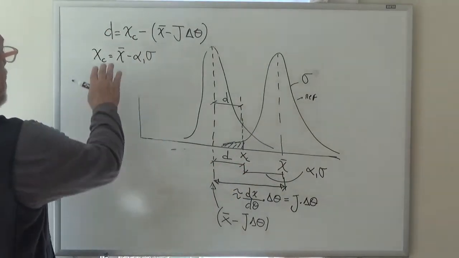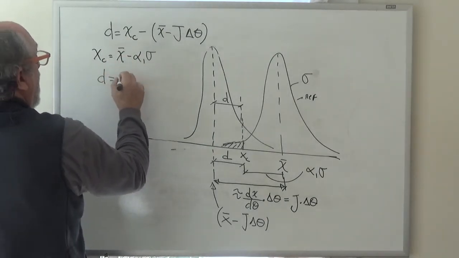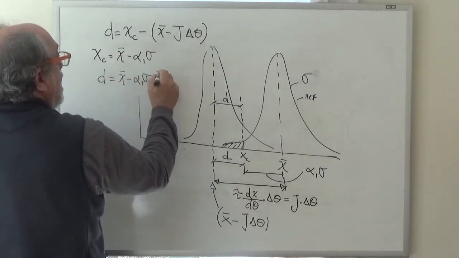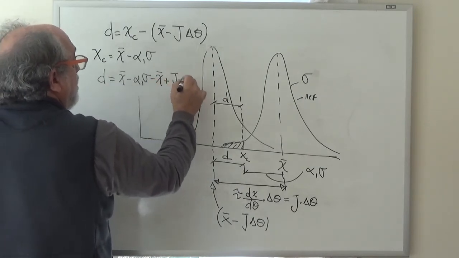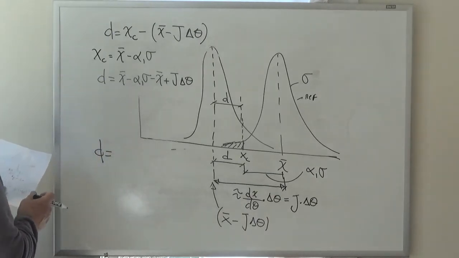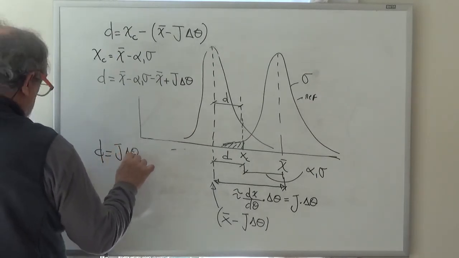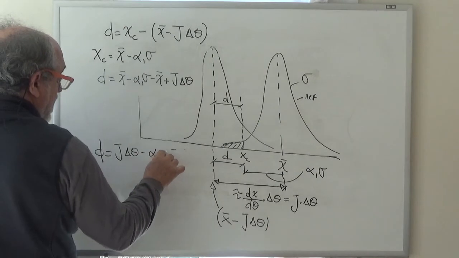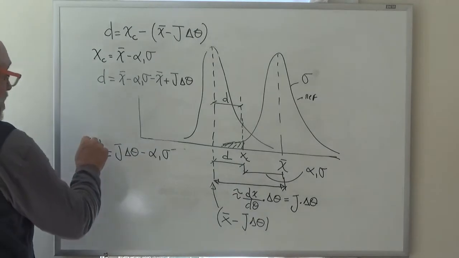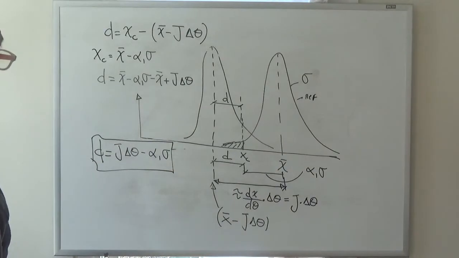Then we substitute this here and we have that d is equal to x bar minus alpha 1 sigma minus x bar plus j delta theta, right? Therefore, these two things cancel out, and so we get d equal to j delta theta minus alpha 1 sigma, right? Okay, that's it so far. I think I had that before, but anyway, that's the distance from here to here.